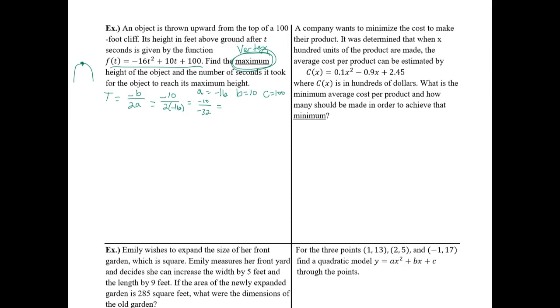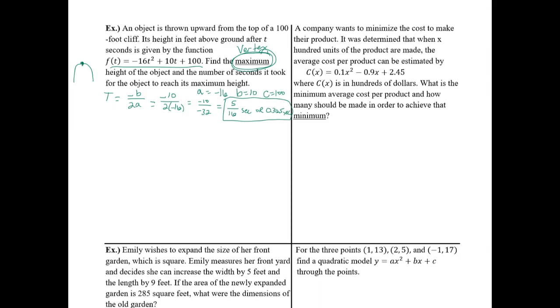And a negative divided by negative is going to end up positive. And we can simplify that fraction 10/32 by dividing out a common factor of 2 and getting 5/16 seconds. Or, depending on how your homework wants you to put that in, it's a decimal of 0.3125 seconds. Either one of these would be acceptable depending on the directions that you're given.